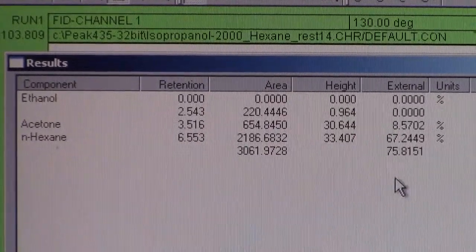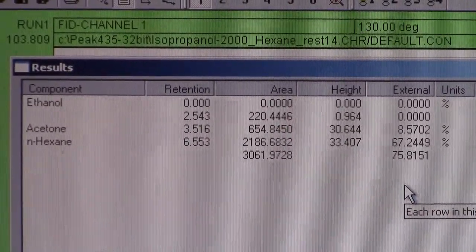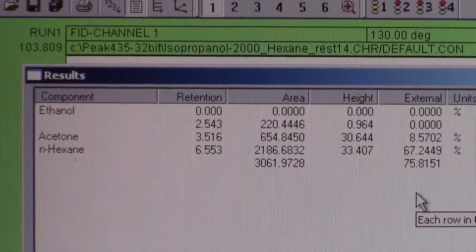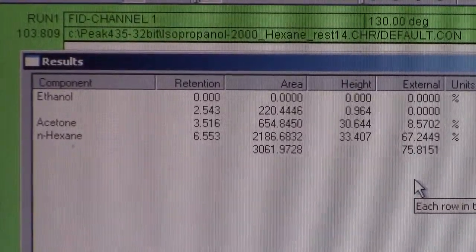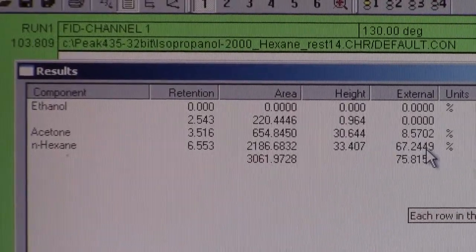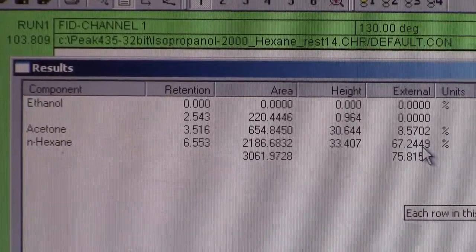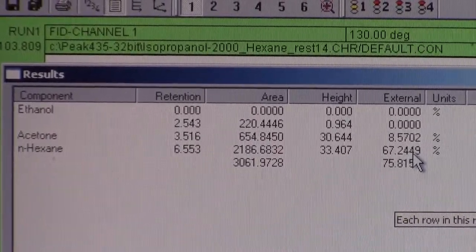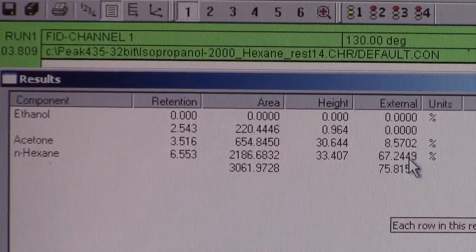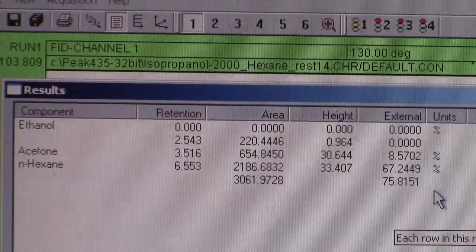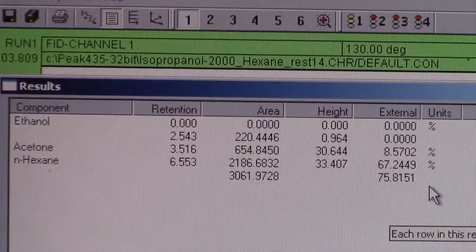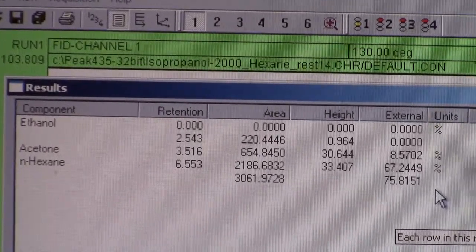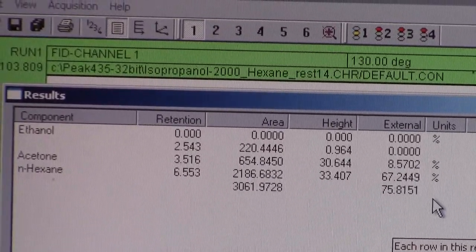And the results roughly coincide with that label, showing that N-hexane has been detected at a percentage concentration of 67.25%, and acetone at 8.57.